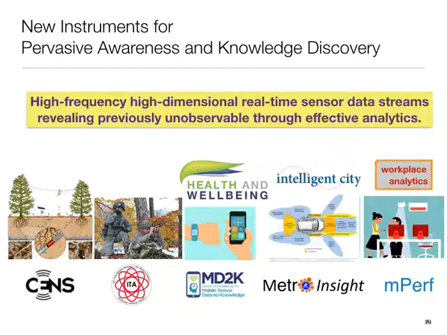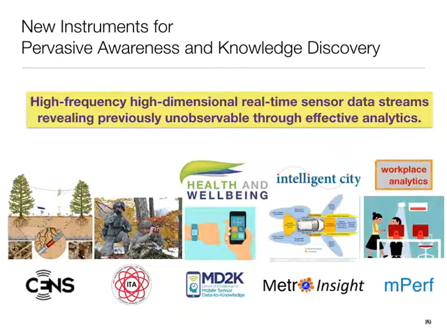There was a center here called CENS, the Center for Embedded Network Sensing, which was the national center on an area called wireless sensor networks. That was this view that you have tiny sensors wirelessly connected and measuring things out in the world.